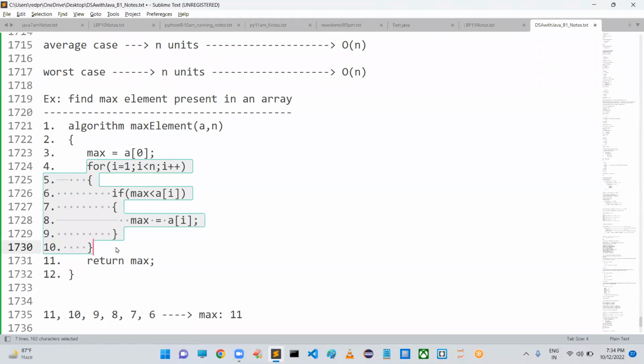Sir, if you want the best case complexity for any algorithm, it is not possible to calculate, because you can't predict. Here we virtually take some numbers and generate the flow of execution. But after seeing this algorithm, can you imagine where the maximum value is located?